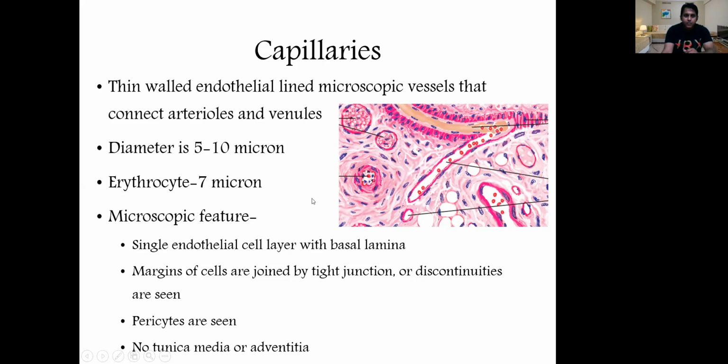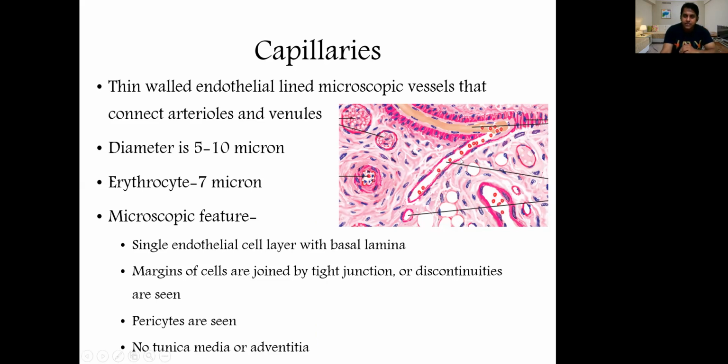Okay, so the microscopic feature of the capillary is that they have a single endothelial cell layer with the basal lamina. The margins of the cells are joined by tight junctions at a point, or there may be a discontinuity. I'll tell you about that classification further. Generally they have tight junctions, right?